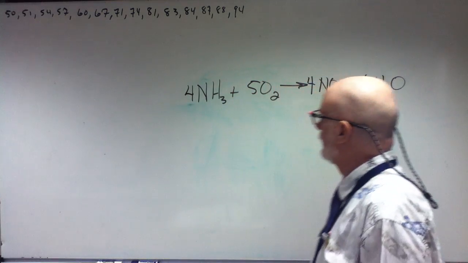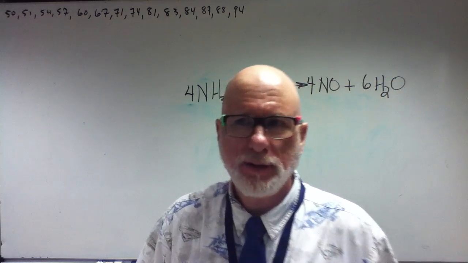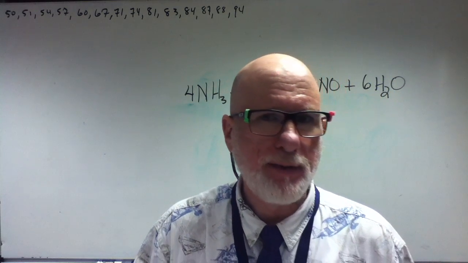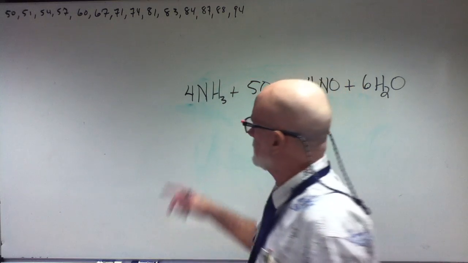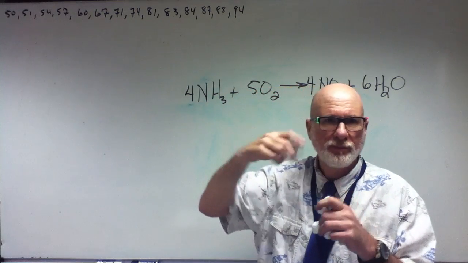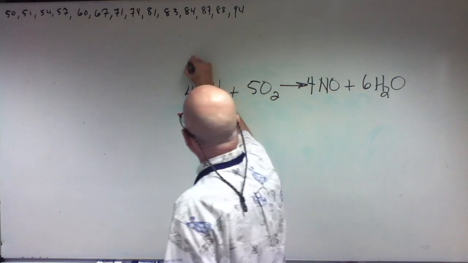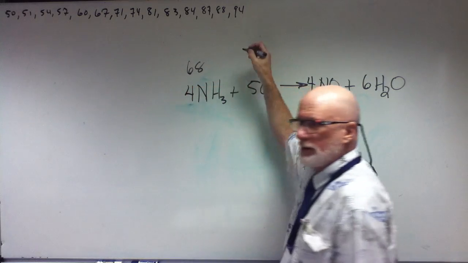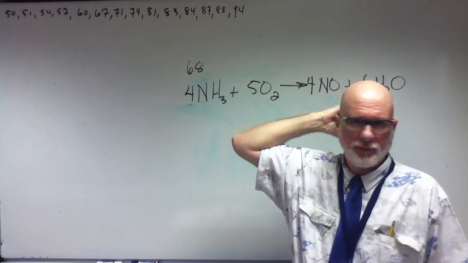All right, now let's put above them the masses. What kind of masses? The stoichiometric masses. What's 4 times 17? 68, good. And what's 5 times 32? 160.